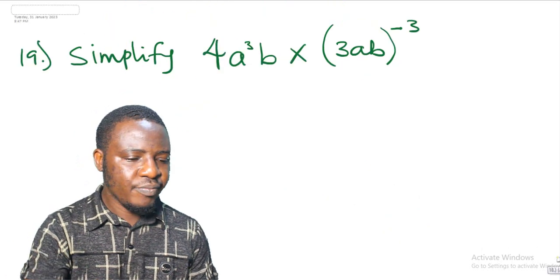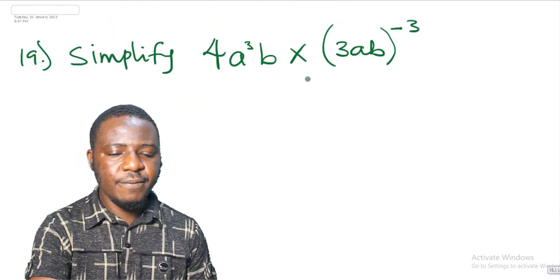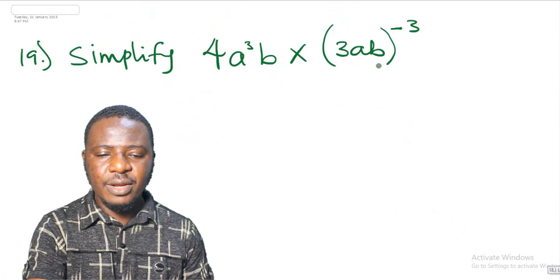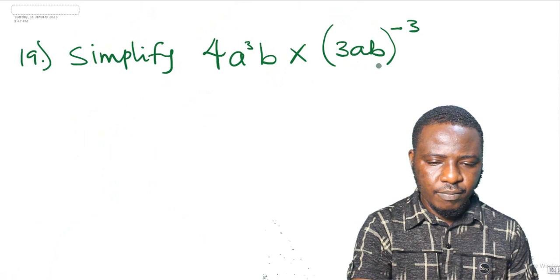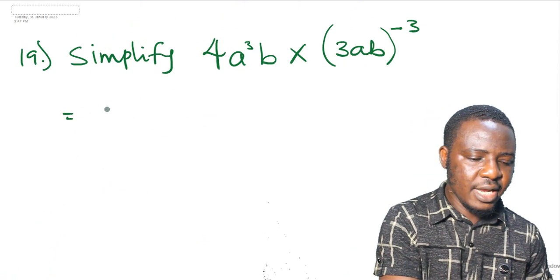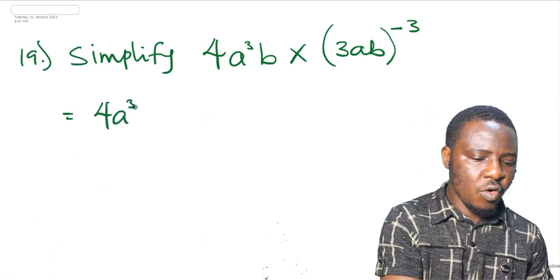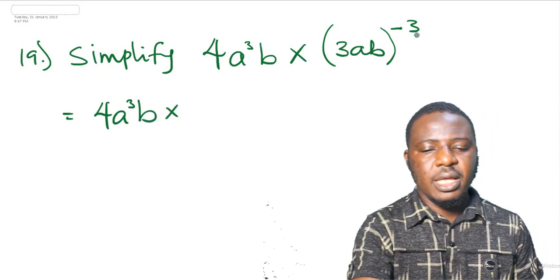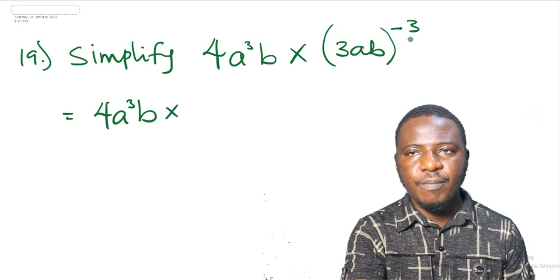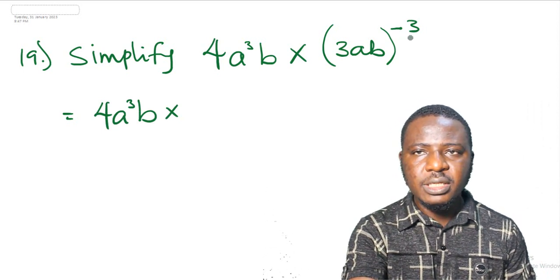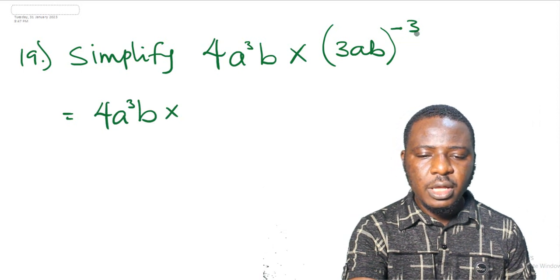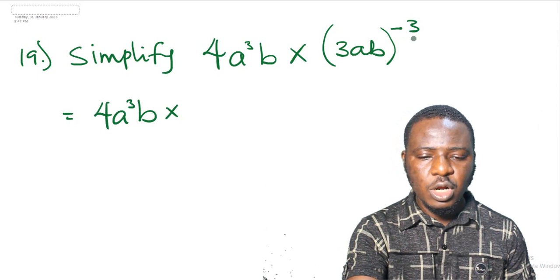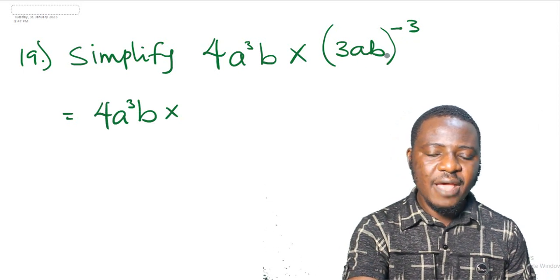Second to the last question, that we should simplify 4a cubed b times bracket 3ab all raised to the power of minus 3. Now this can be simplified as 4a cubed b times, since this is a negative power, it is better to apply the negative power law, which I will introduce you to, before cubing every term in the bracket.